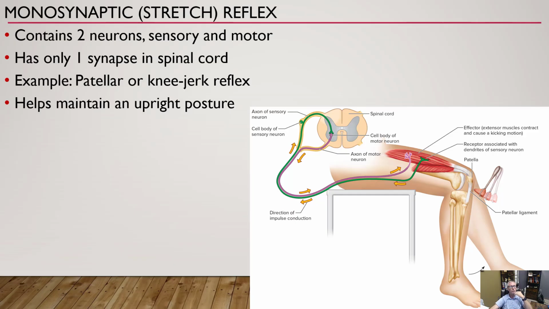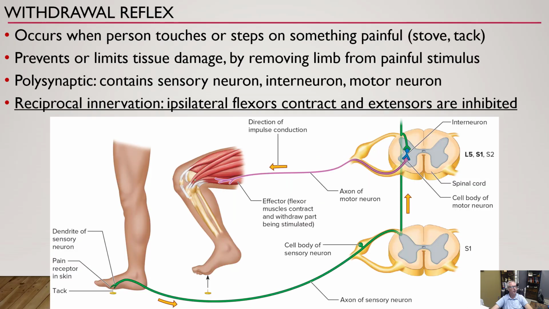But a true reflex like the knee-jerk reflex actually only contains two neurons, an afferent neuron and a motor neuron. But like I said, you don't have to know this pathway.